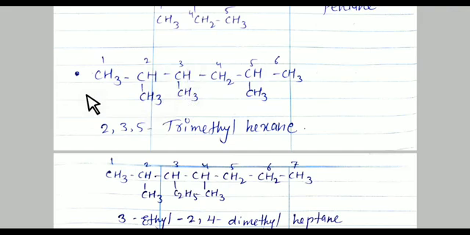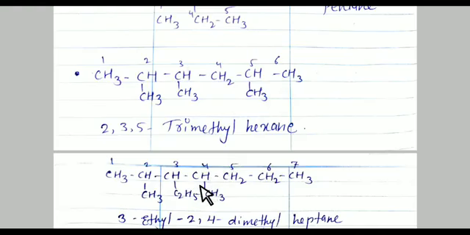So we have to number it from the left side: 1, 2, 3, 4, 5, 6. So the branches are on 2, 3, and 5, and all the branches are methyl groups. So the name of the compound is tri, since 3 are there, meaning trimethylhexane.